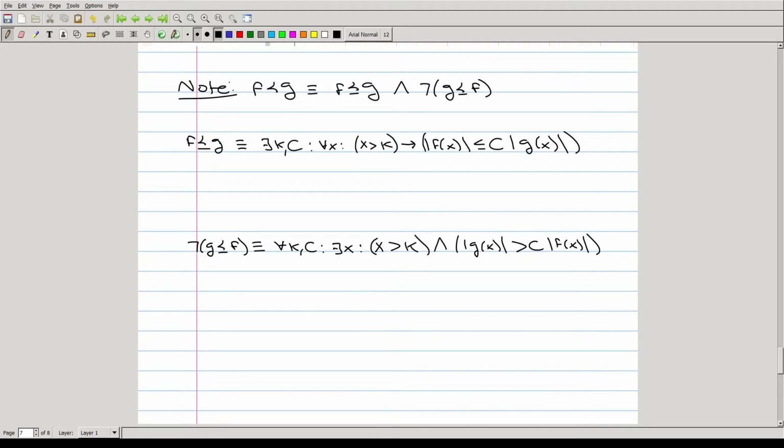And we can see this in a relatively straightforward manner. This is the definition of f is dominated by g, which means that, equivalently, a logically equivalent statement is there exists a k and a c such that for all x, x is less than or equal to k, which is the negation of this statement, or absolute value f of x is less than or equal to c times absolute value of g of x.